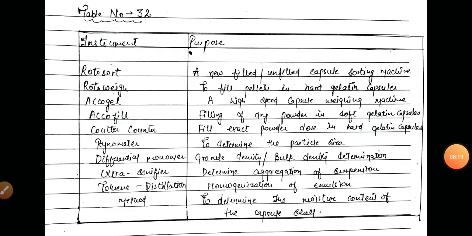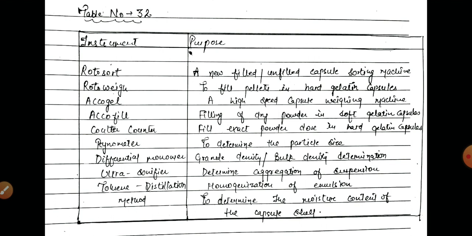And next is table number 32, which is instruments and their purpose. First one is Rotosort, a new unfilled capsule sorting machine, and Rotofill is for filling pellets in hard gelatin capsules.